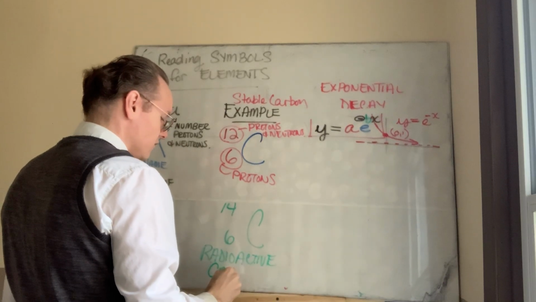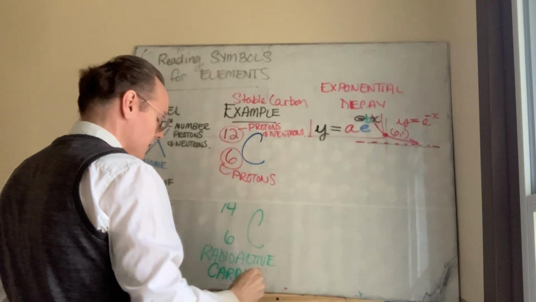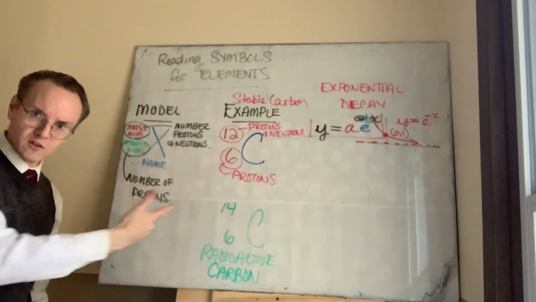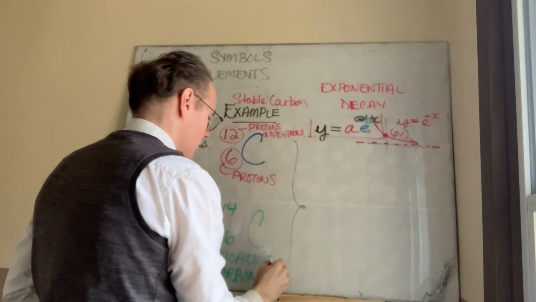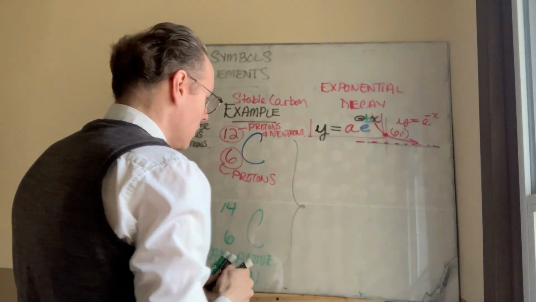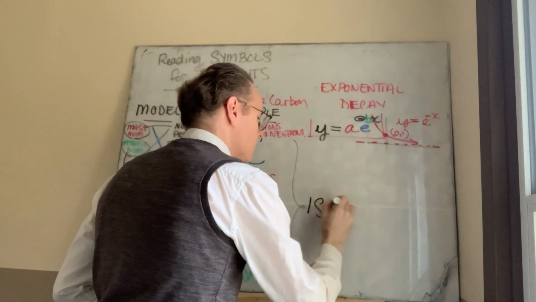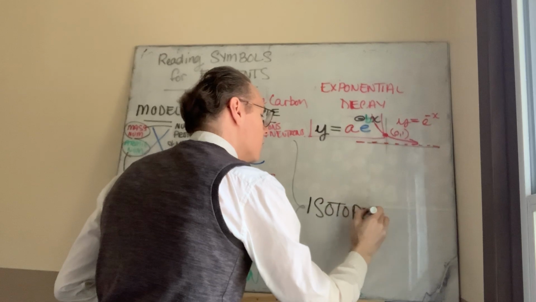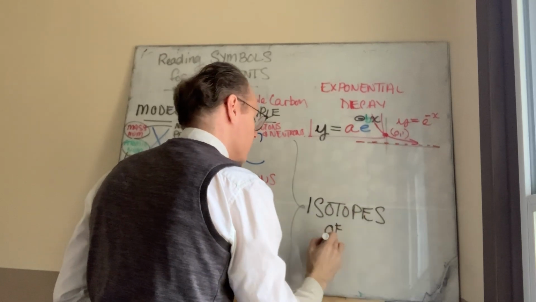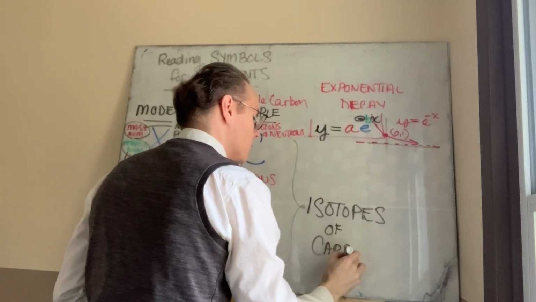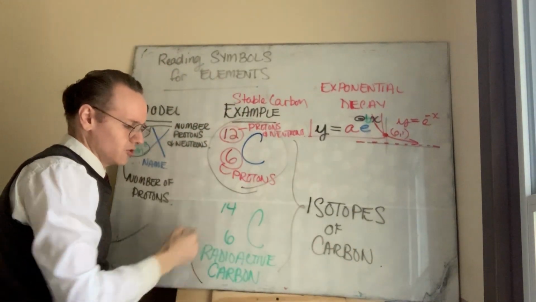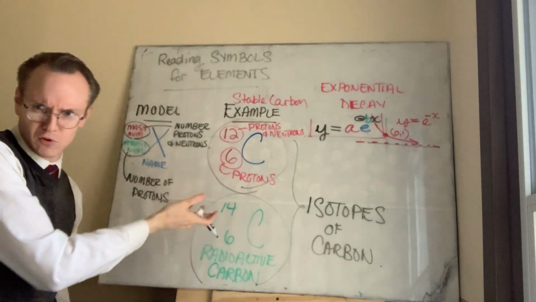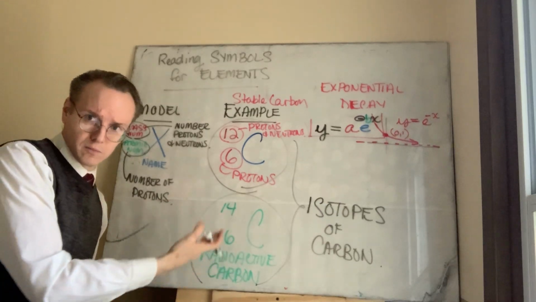There's a phrase for that: different derivatives of the same element. These are isotopes of carbon. There's more or less the normal one, and then there's the radioactive ones. I suppose 13 mass number is possible as well.